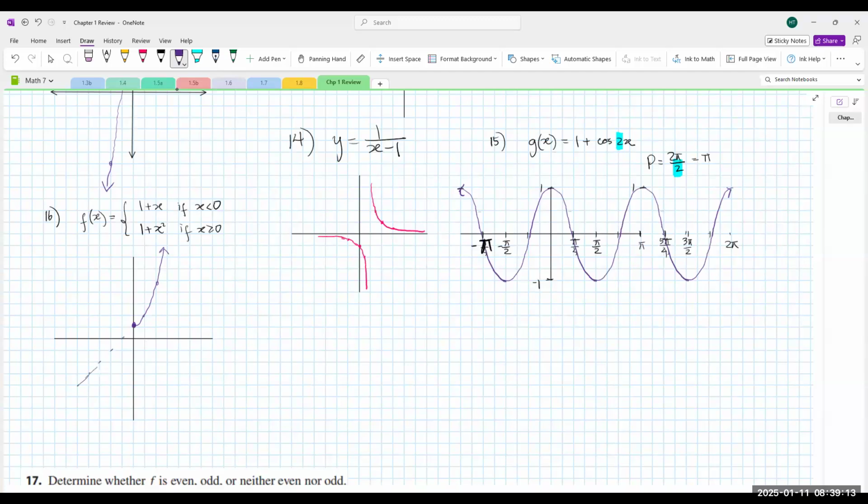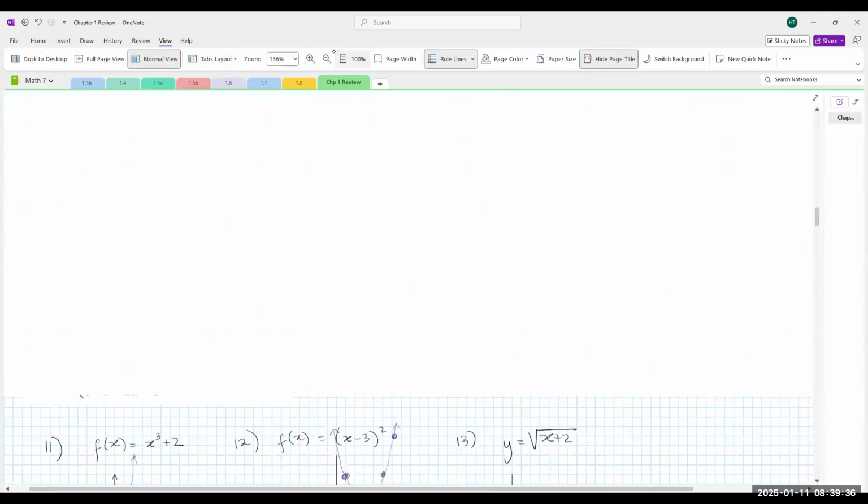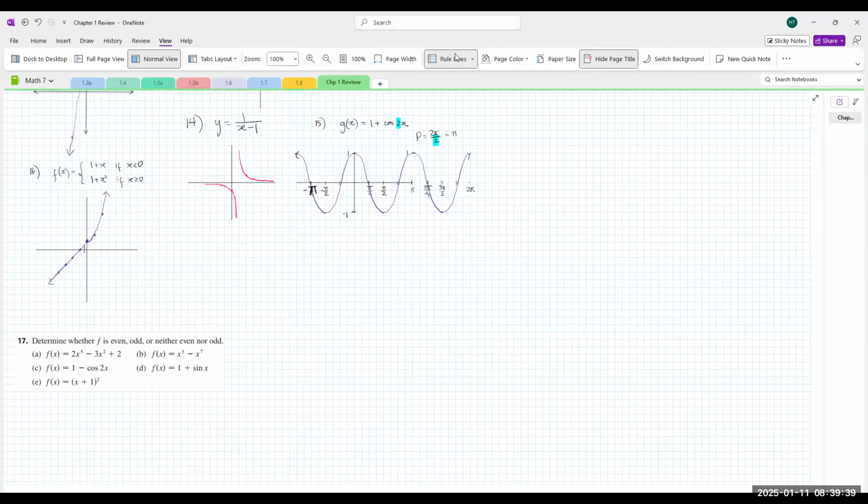So the graph to the left of that looks like this. Then let me do the bubbling just to make sure that the reader knows that the graph actually passes through these coordinates. Okay, that's for number 16. Let me go on to the next question.